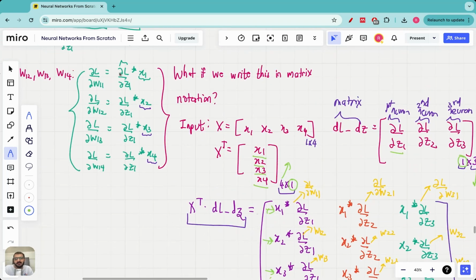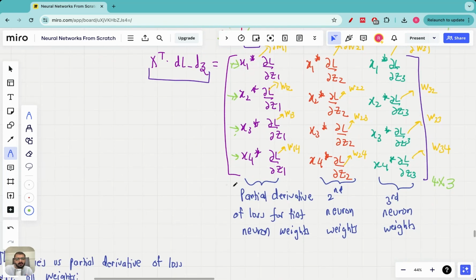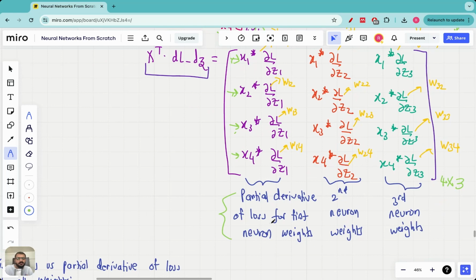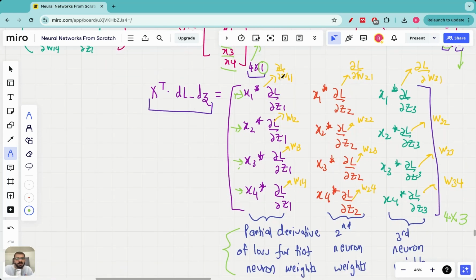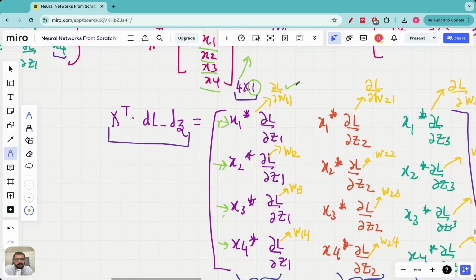It is exactly similar to the partial derivative of L with respect to W11, W12, W13 and W14. In fact, the first column of this matrix gives us the partial derivative of loss for the first neuron weights. So the first entry here gives us the partial derivative of loss with respect to W11.